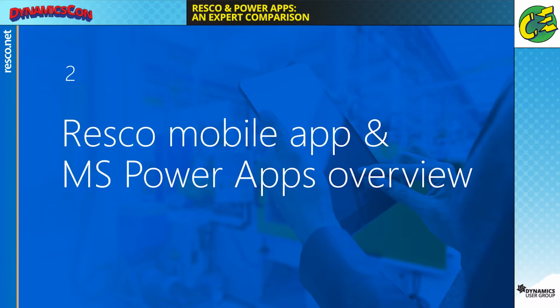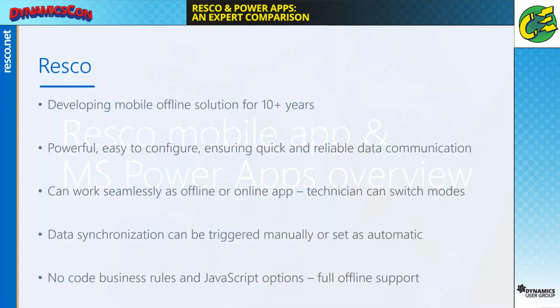Okay, now let's have a quick look at what Resco and Microsoft PowerApps look like. First, Resco. At Resco, we have been developing a mobile offline solution for more than 10 years now. Our goal is to create a powerful but also easy to configure solution which can be used out of the box.